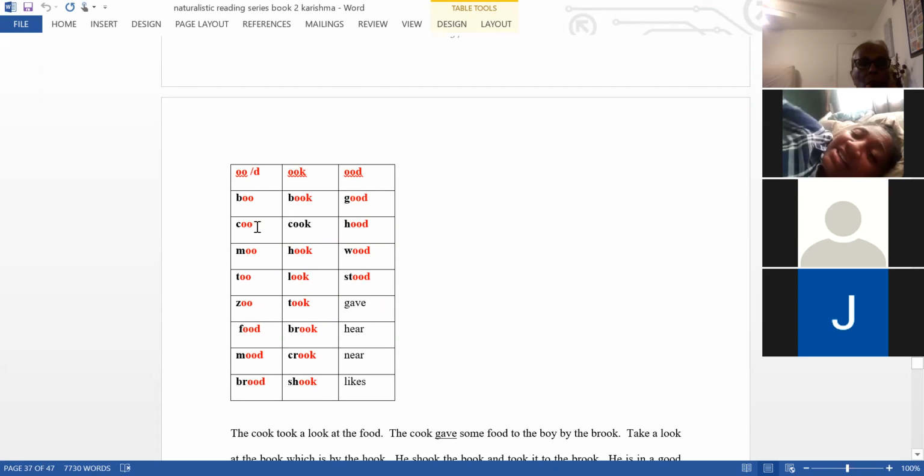Boo, coo, moo, food, ood, oo and ood, ook and od, ok. So you see double O, 2 O's, and they say these words, they learn to spell these words, took. A lot of children mistake took and look when they are reading. So then you have to say, come on, sound it. Took, look. We had took in book 1.